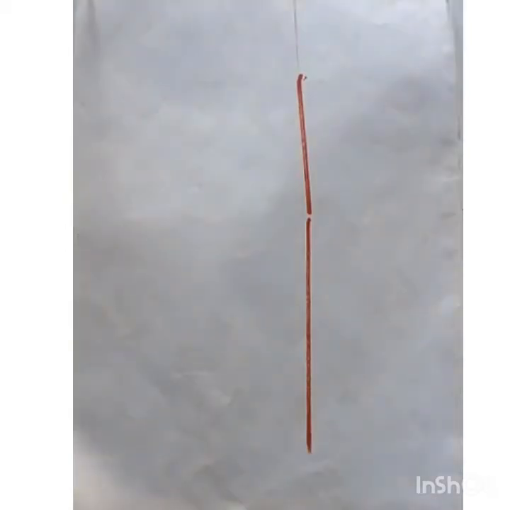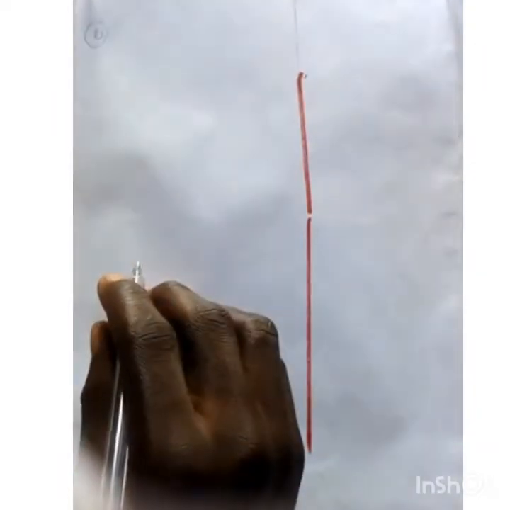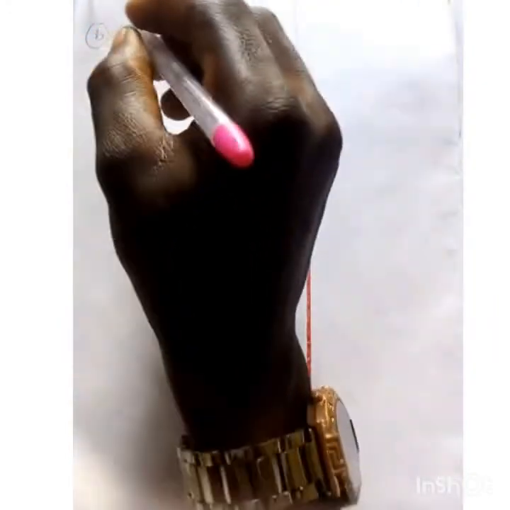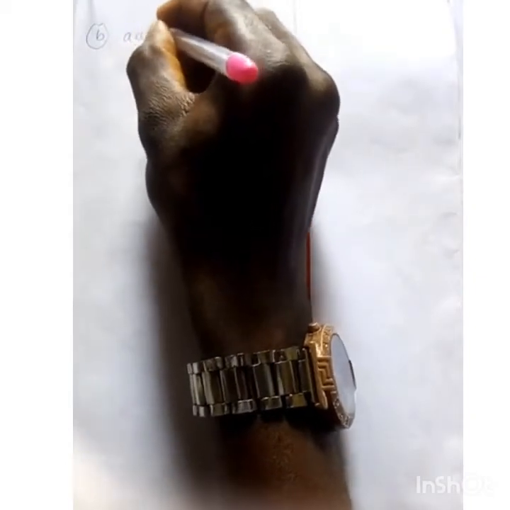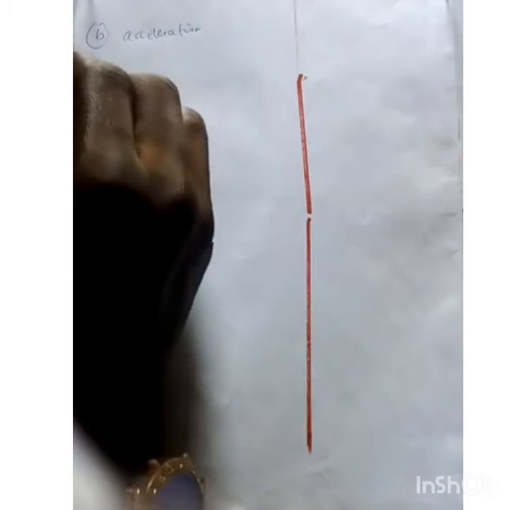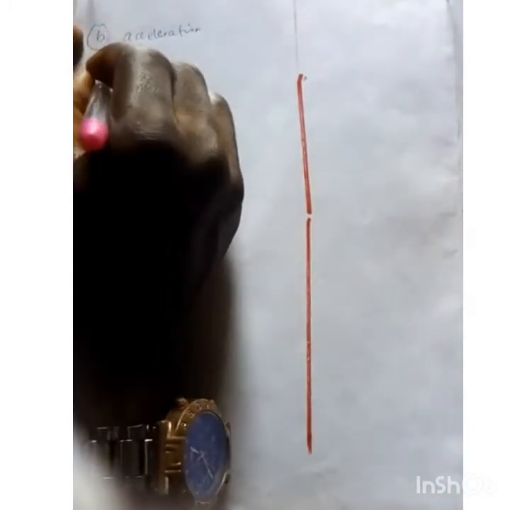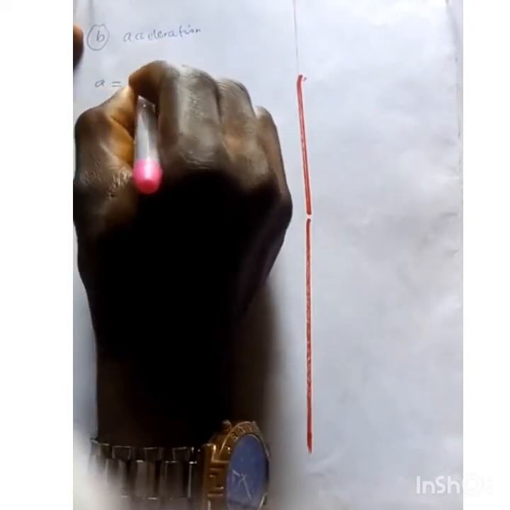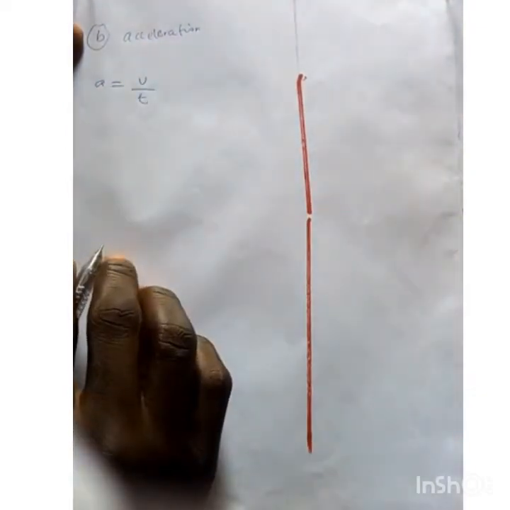The following question is what? B. And we were asked to calculate the formula for acceleration. Remember, the formula for acceleration A equal to velocity all over time taken, where v is the velocity and t is the time taken.